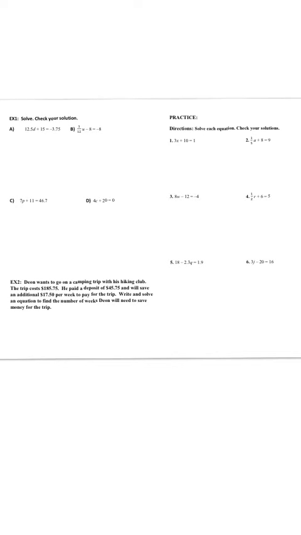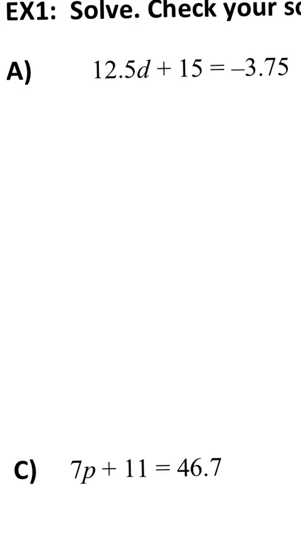Go ahead and turn your notes over to the back side. Now in our first example, we have 12.5d plus 15 equals negative 3.75. Now in this case, our very first step is to undo the plus 15 using the inverse operation, which means minus 15.